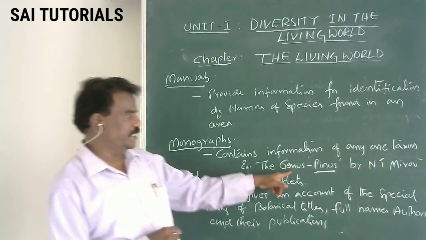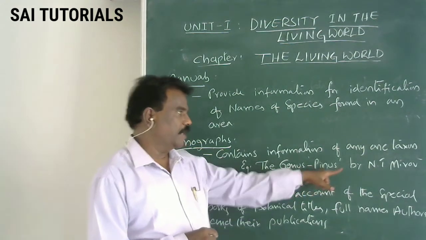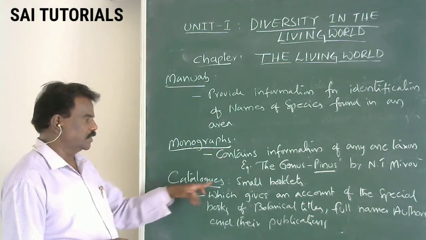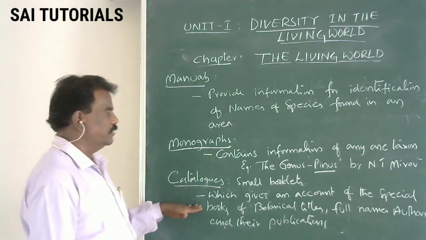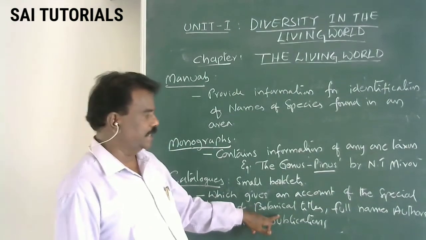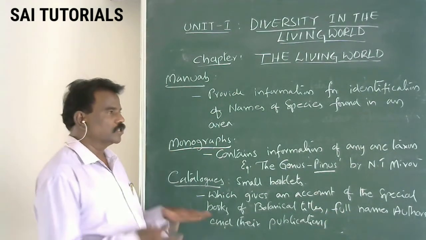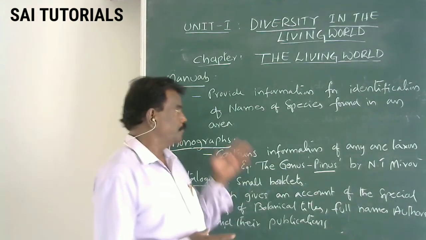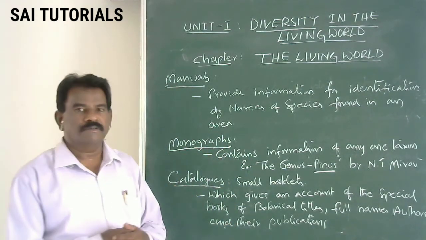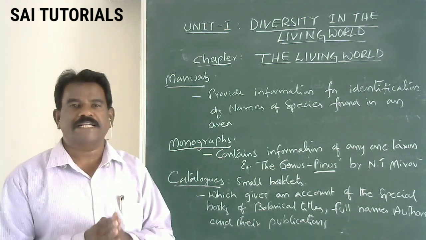Example, the genus Pinus. Genus is a taxon. So, Pinus by N.T. Mirov. And catalogs are also small booklets which give an account of botanical titles, full names of authors and their publications. So all these, flora, manuals, monographs, catalogs, help us in identification of plant species.